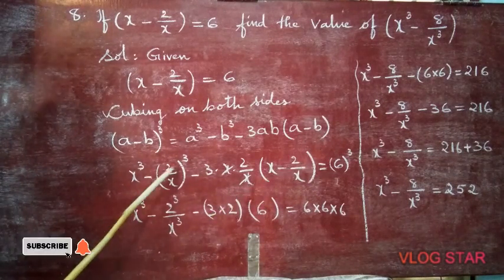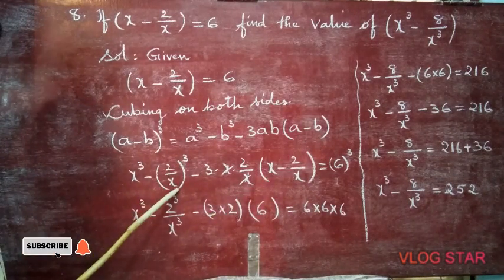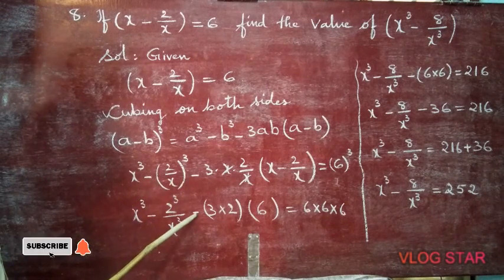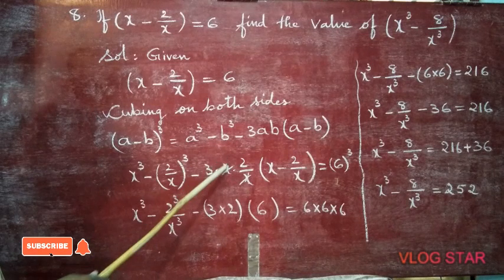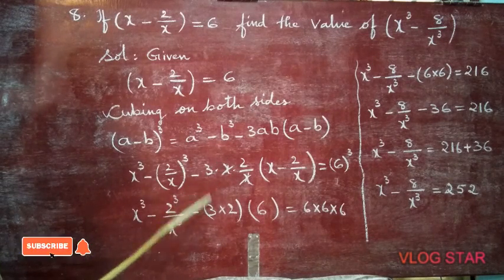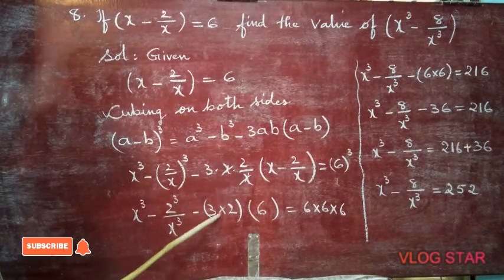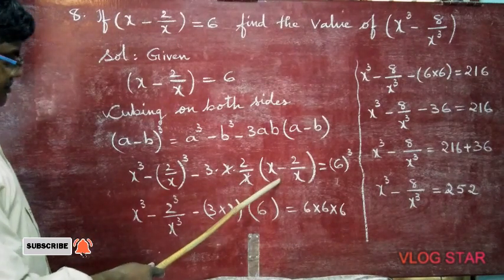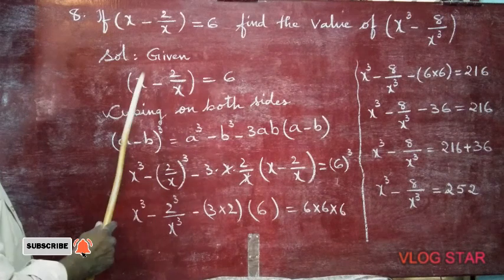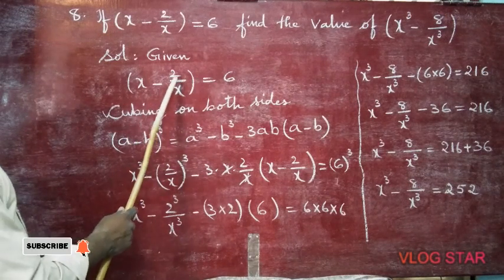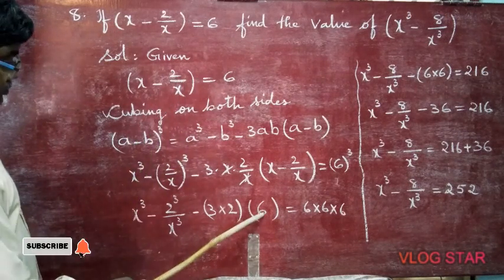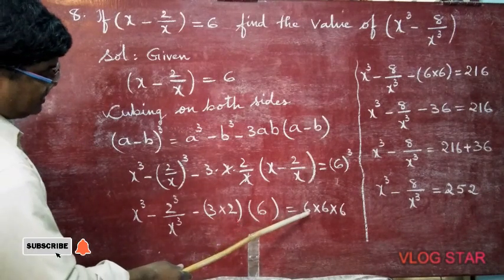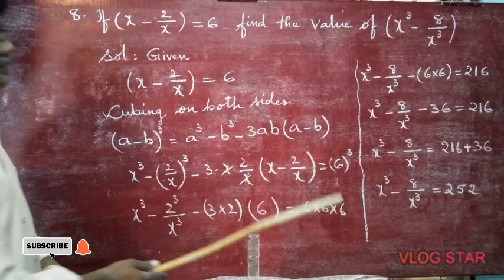Now x cube as it is, this cube is for numerator and denominator, thus we kept the whole cube. 2 cube by x cube, minus x goes in x one time, and what remains is minus 3 into 2, keep in one bracket, afterwards we can multiply. And in this place we are replacing 6, given x minus 2 by x is equal to 6. We substituted that value. Is equal to 6 cube, means 6 into 6 into 6.